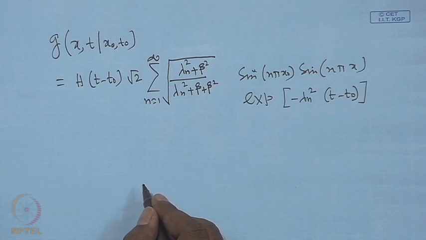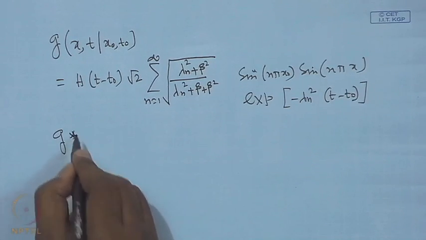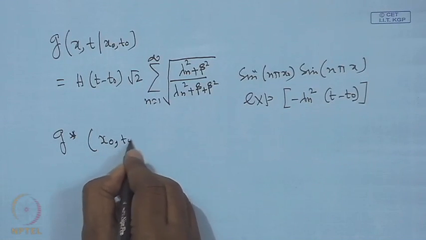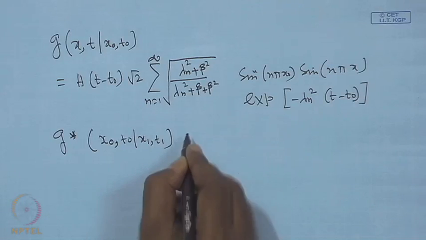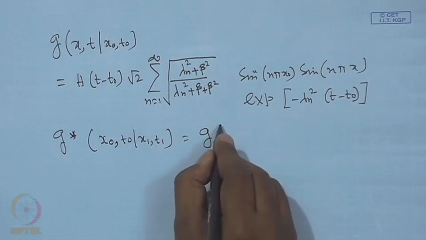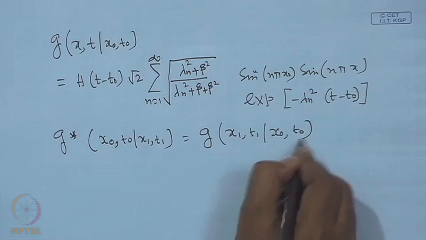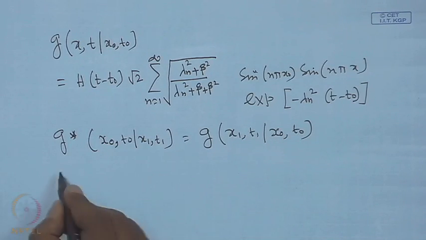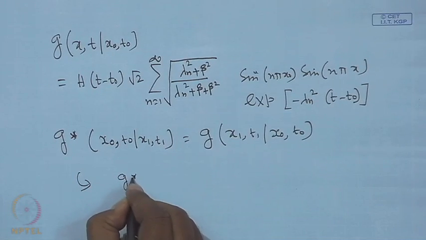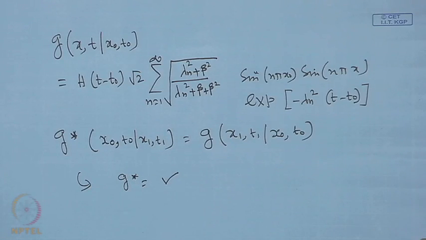Once we get the expression of Green's function, one can get the expression of adjoint Green's function by using the formula g x 0 t 0 x 1 t 1 is equal to g star x 0 t 0 x 1 t 1, which is nothing but g x 1 t 1 x 0 t 0, and by changing the subscript we can get the expression of g star, the analytical expression we can obtain as we have demonstrated earlier.